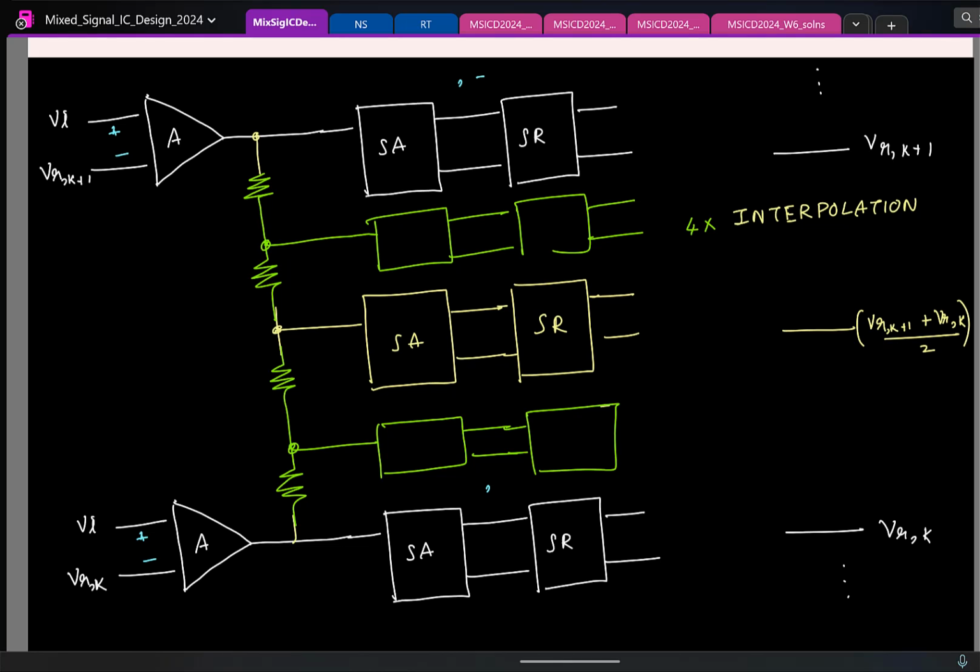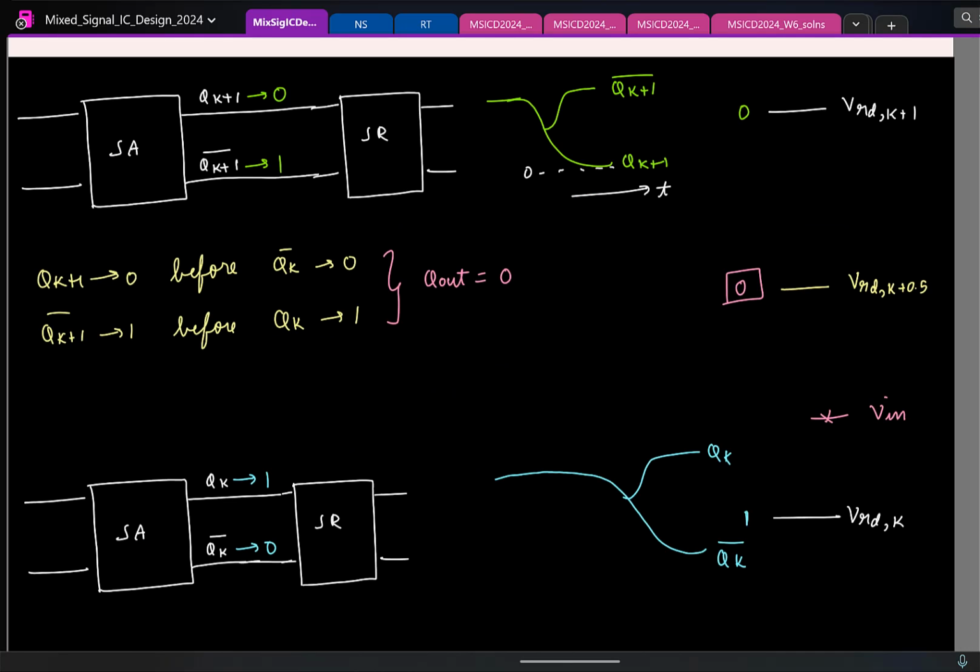But then we saw how this interpolation can be done in a more efficient manner in the time domain, and this idea stems from the observation that if the input voltage lies in this bottom range, the top comparator finishes its decision faster than the bottom comparator, and vice versa when the input is lying in the top range.